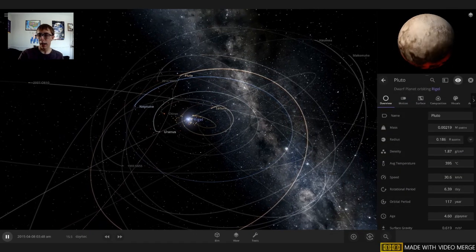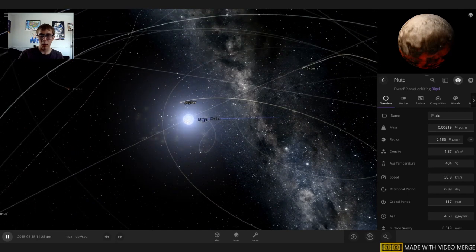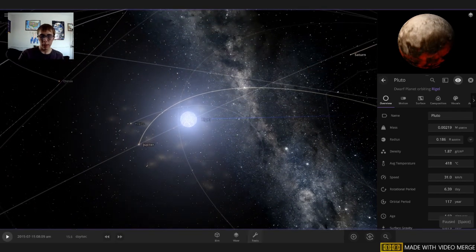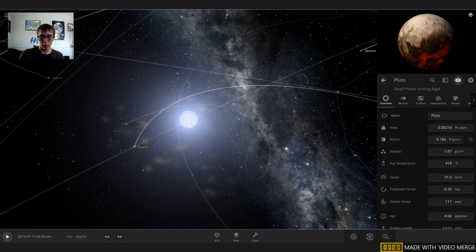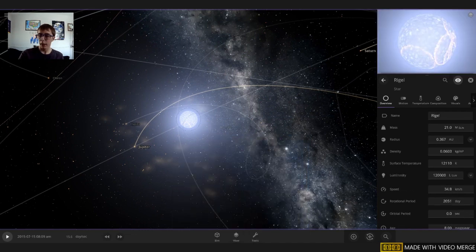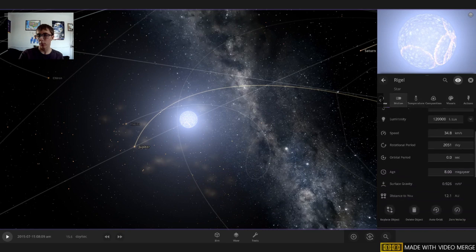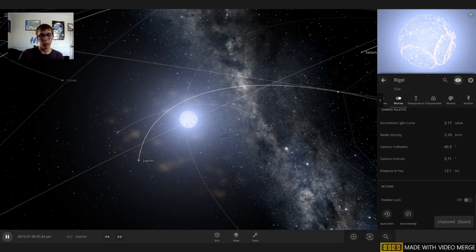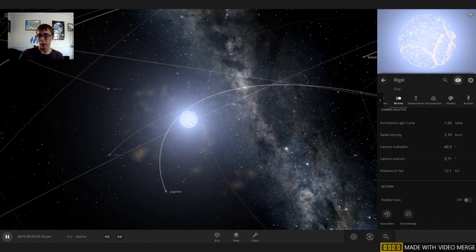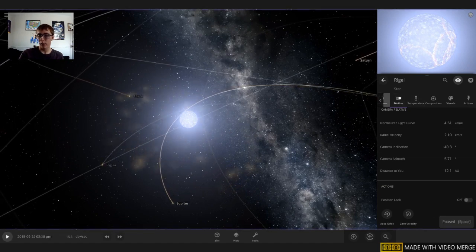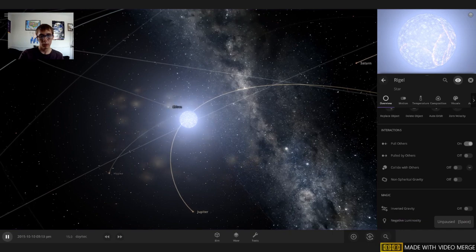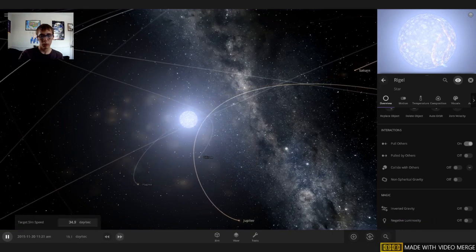So, I gotta somehow turn off the lock mode because the star keeps moving. So, let me go ahead and I think it's with the actual star itself. Motion. Position lock. Come on, you stupid thing. Oh, wait. Don't I have to turn all this off? No?